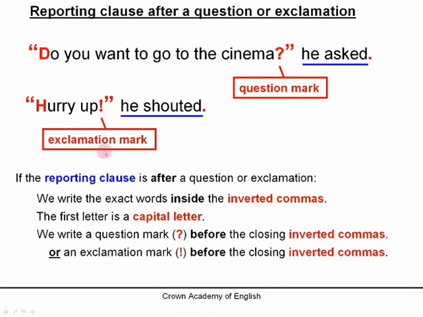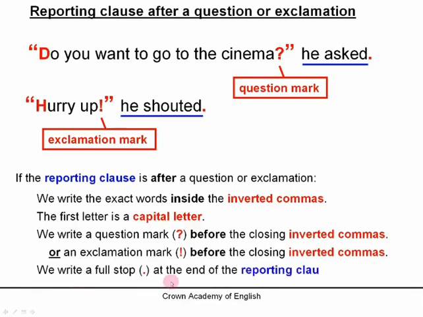So we write an exclamation mark. So these are exceptions. These are the only times when we do not write a comma when it is a reporting clause after the direct speech. And finally, we write the full stop at the end of the reporting clause.